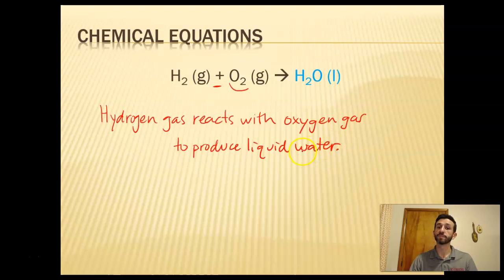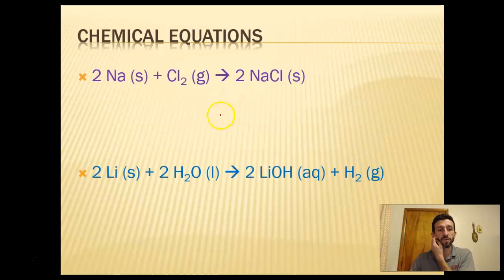And there we go. Okay, so it's as simple as that, going from the chemical equation to a word equation. Over here, we have a different reaction. Now remember, we don't need to mention the coefficients, okay, when we're writing the word equation.